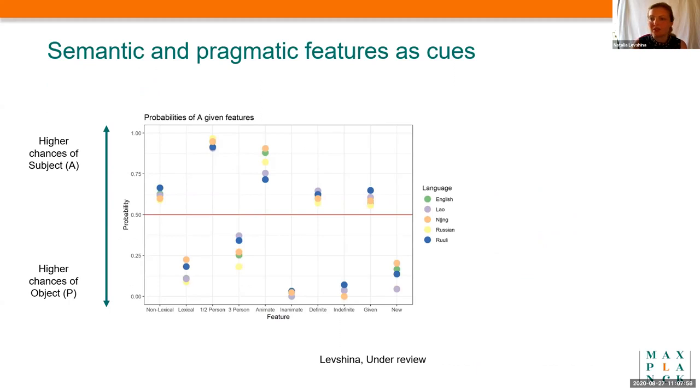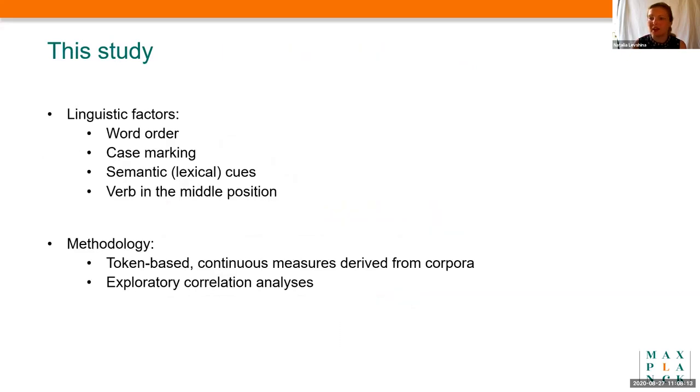So all this shows that there is a lot of information that can help the listener or recipient to understand the message. In this study, I only focus on 4 parameters.